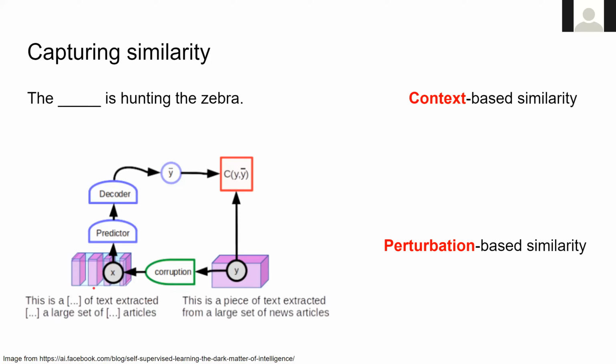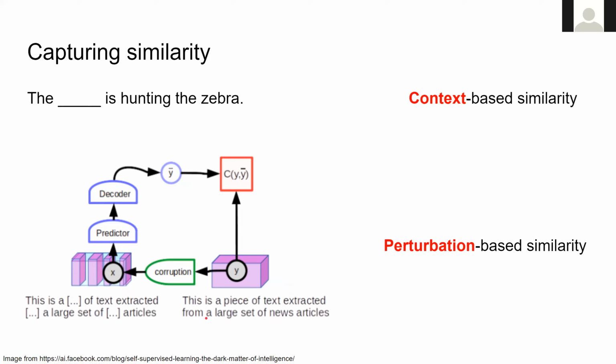So we can actually build a system that can take this perturbed sentence and embed it in a low-dimensional space. And then we can take this embedding and with a decoder, we can turn it back into a sentence that should be as similar as possible to the original sentence.